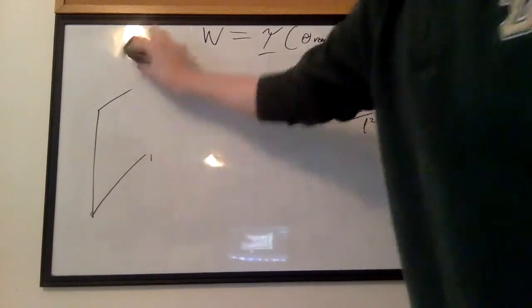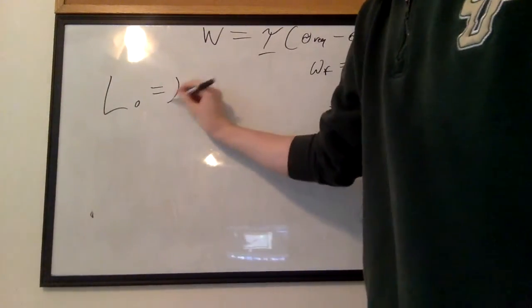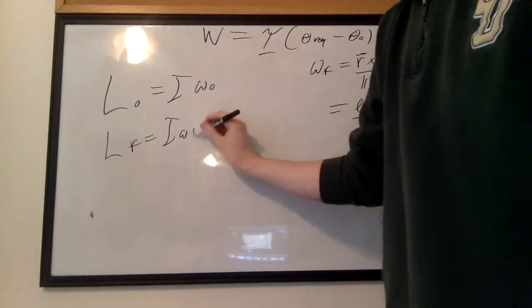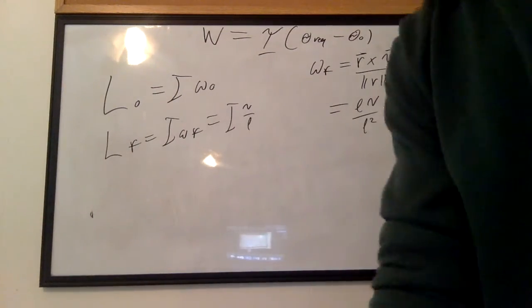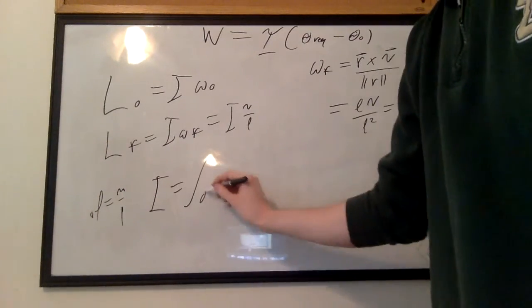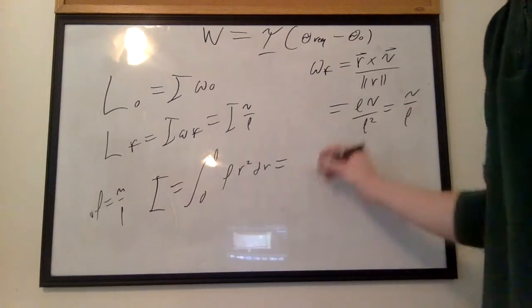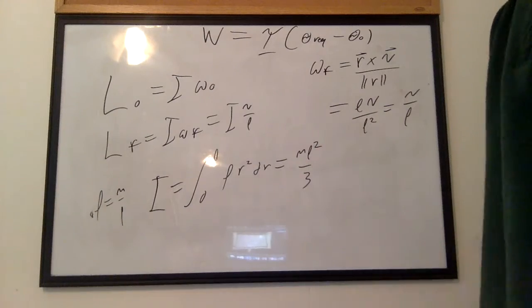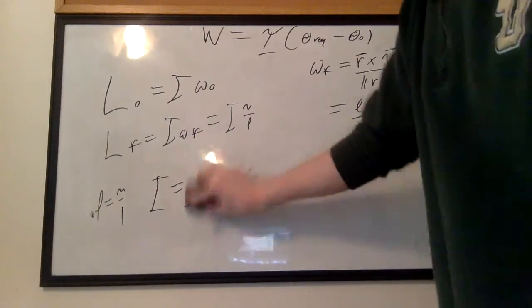With that, we can start writing the angular momenta, which is just the moment of inertia times the angular velocity. And the moment of inertia here, if we have some uniform mass density, will look something like this for a door.